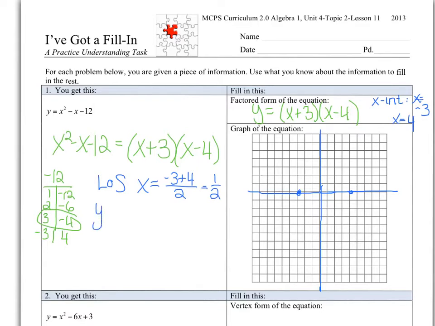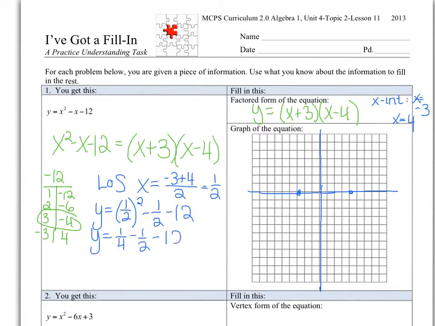I can plug this into my equation. I'm using my factored form here, but I also could use this one. So actually let's use what we started with. We have 1/2 squared minus 1/2 minus 12. Well, 1/2 squared is 1/4 minus 1/2 minus 12.